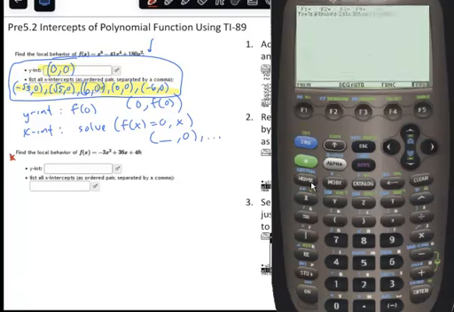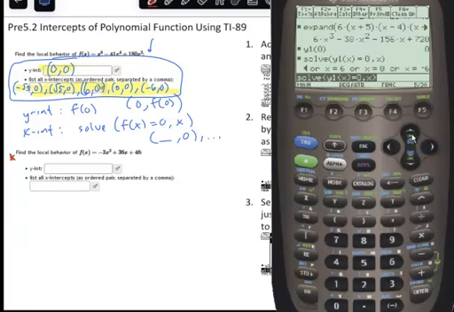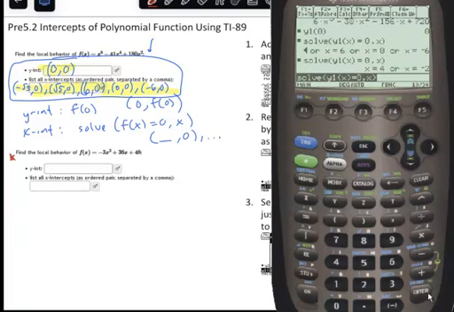And now when I go to my home screen, notice I'm not even going to rewrite anything new. I'm going to use what's already written right here to find my x-intercepts, because it's now changing what my y1 function was. So 4 and negative 2 would be my x-intercepts.